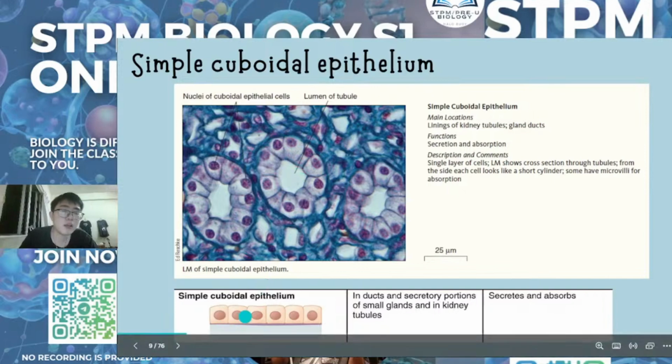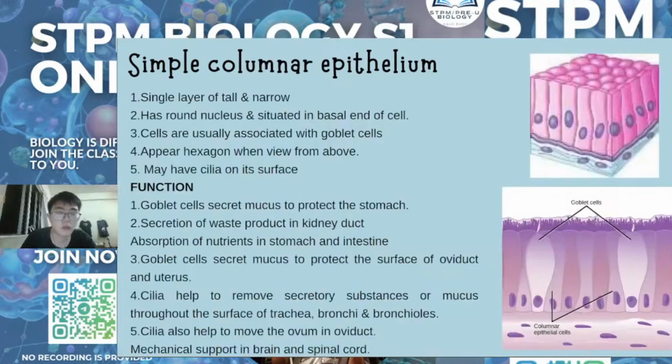But some books draw it like this. This one is also correct, but normally they arrange like this. It will not arrange like the simple squamous one. So this is just the structure that I want you to see.